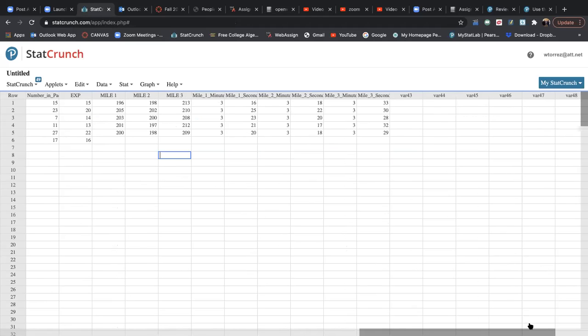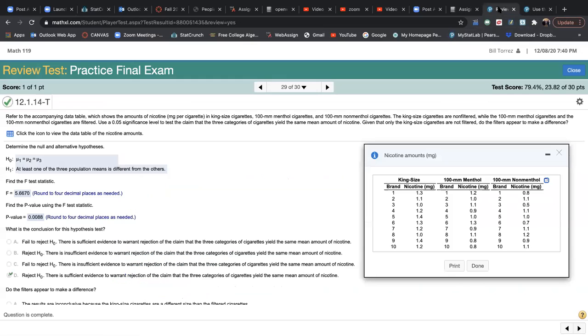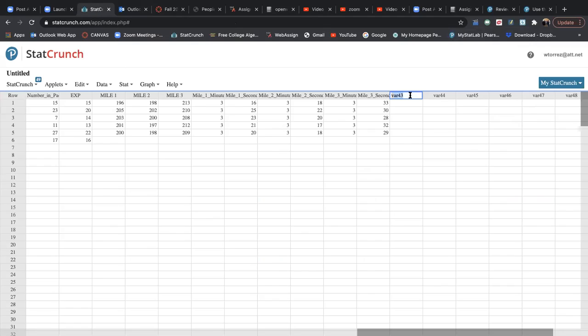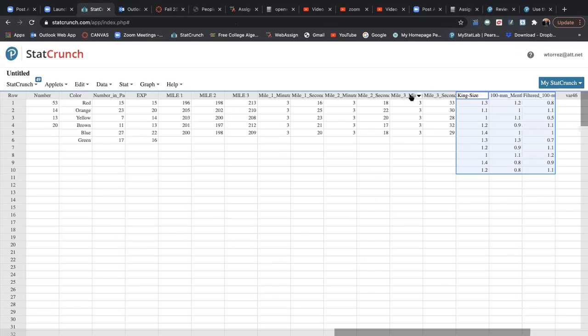Let's go out to the very right and go back to the problem. So here's our data. We'll do the copy and paste. Here's our data in these last three columns.